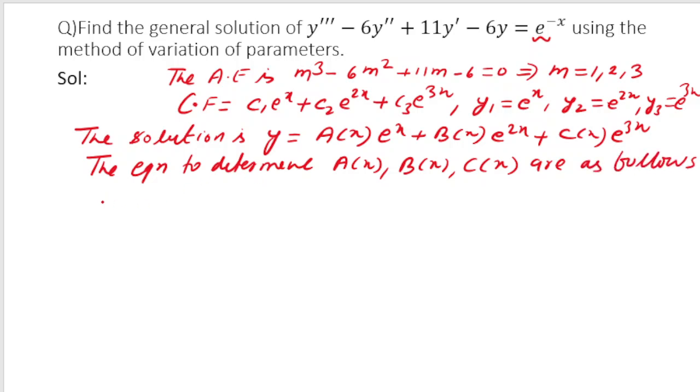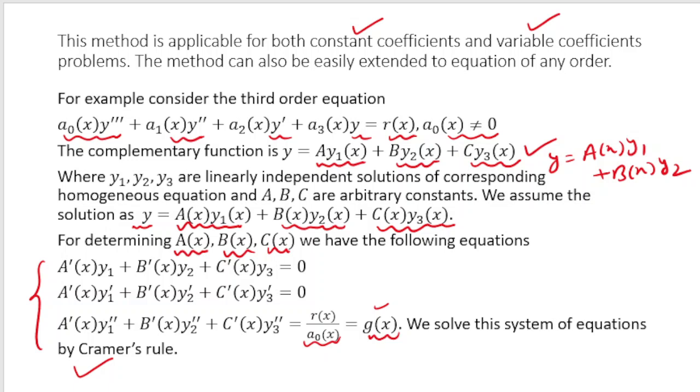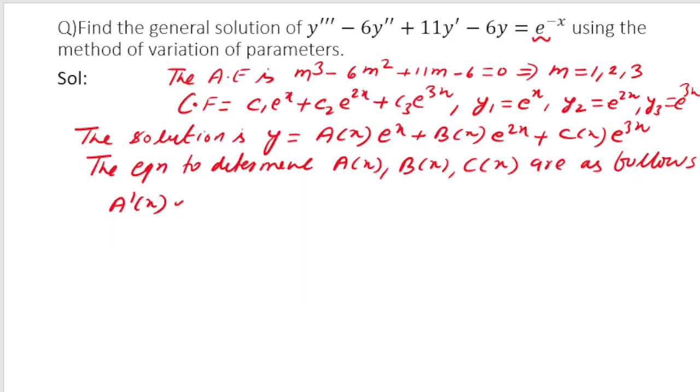So you write a dash x, and then y1. So a dash x e to the power x, b dash x, y2 that is e to the power 2x, and c dash x, and then y3 that is e to the power 3x, that is equal to 0, right?